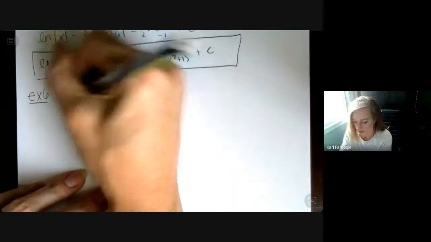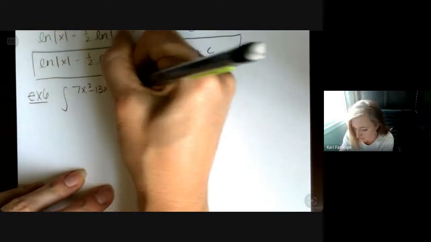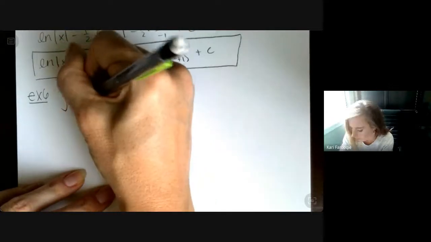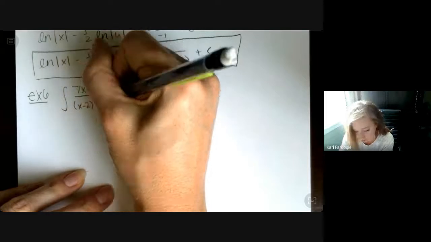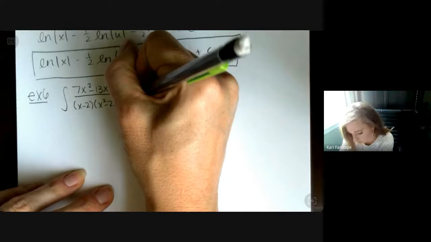This is the integral of 7x squared minus 13x plus 13 divided by x minus 2 times x squared minus 2x plus 3 dx.